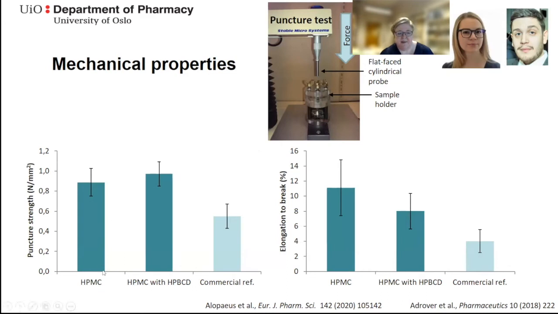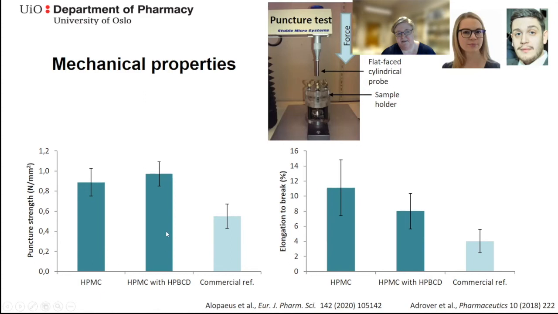So our HPMC films were a little bit stronger than commercially available films, but the commercial reference here is made from a different polymer and probably a different preparation method also, but we kept it in as a comparison to see what range of properties we are talking about.